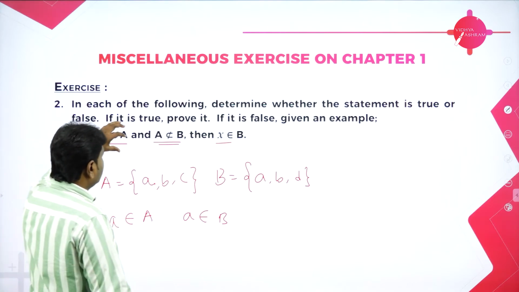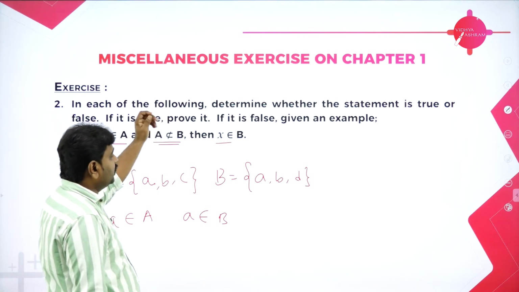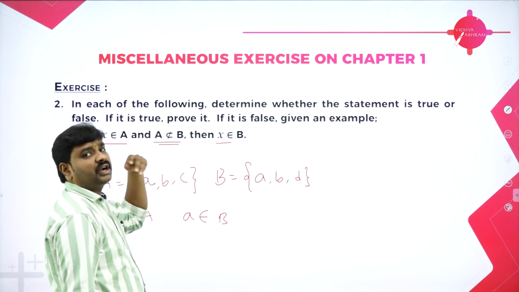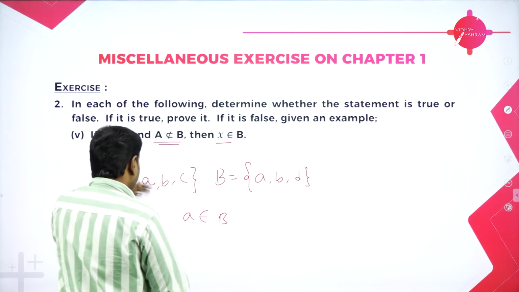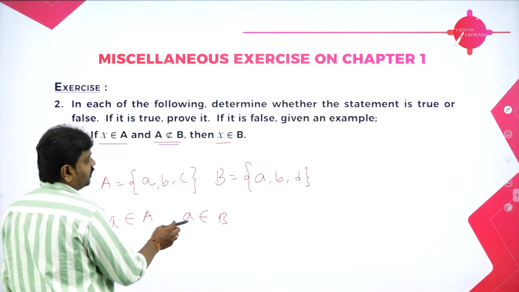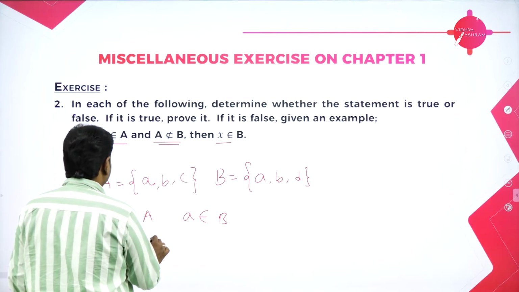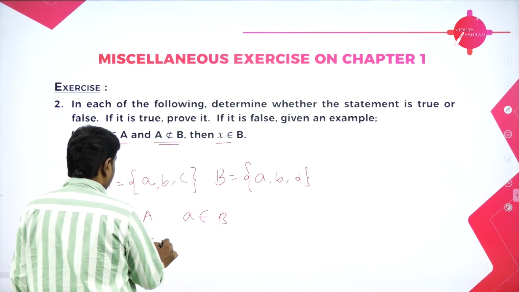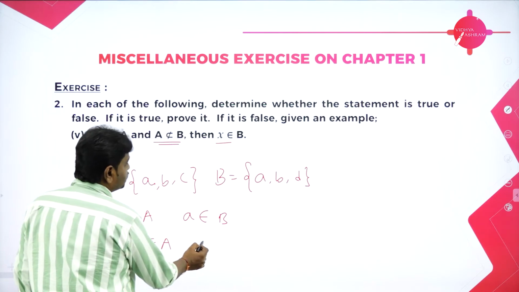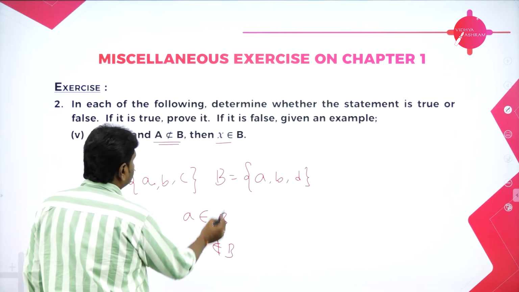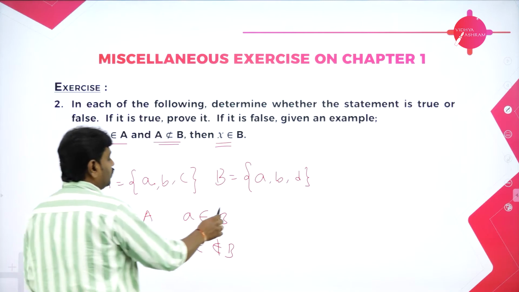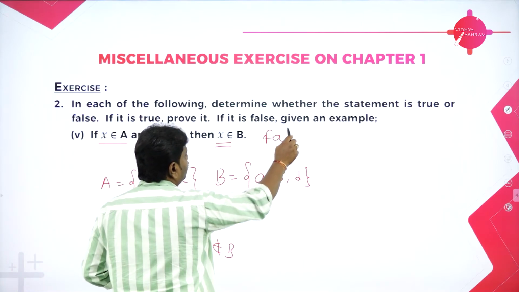If x is in A and A is not a subset of B, x may belong to B or may not belong to B. I gave one example: I will take element c. c belongs to A and the same c does not belong to B. So my second example says the statement is false.